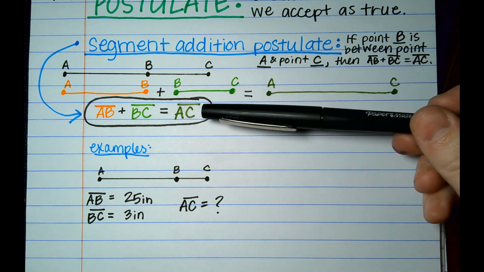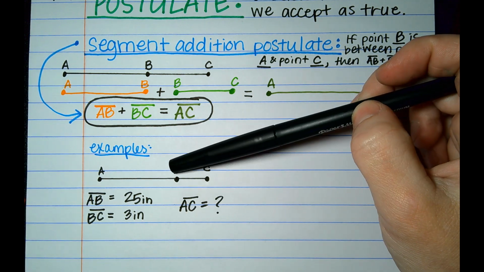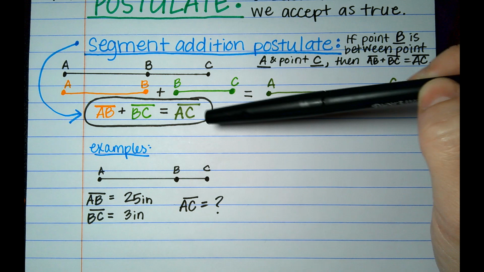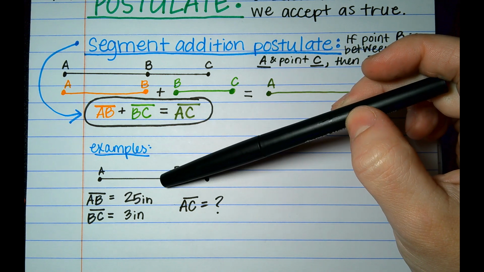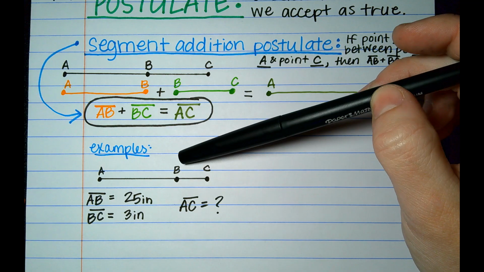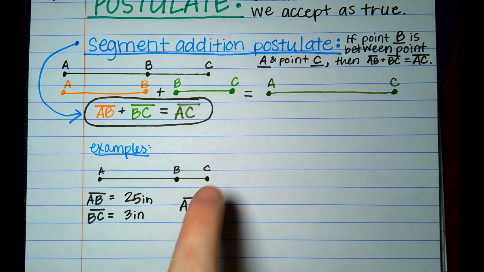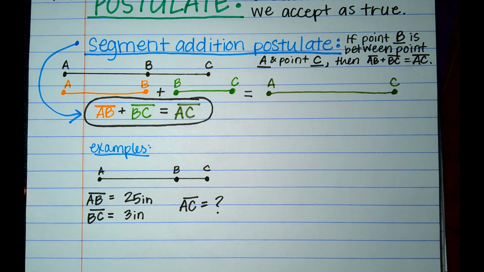I can use the segment addition postulate. I know that since B is in between A and C, from A to B is 25, from B to C is 3. 25 plus 3 is 28. So from A to C would be 28.